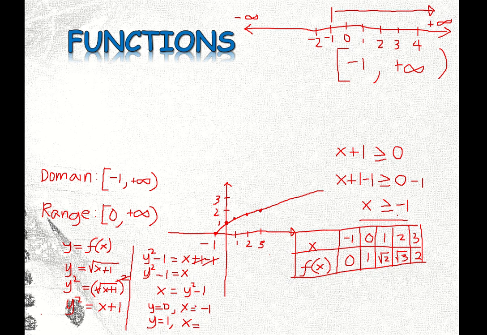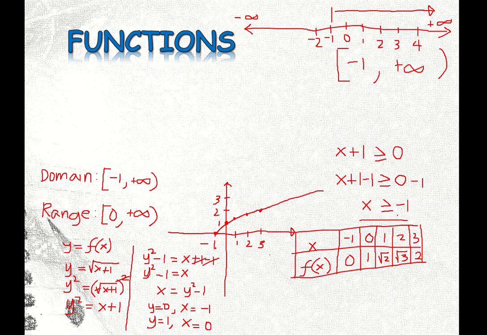Okay, so when y is equal to 1, 1 squared minus 1, 1 squared is 1, minus 1, so we have x equal to 0. Okay, so exactly this one. When y is equal to 0, our x equal to negative 1, this one.